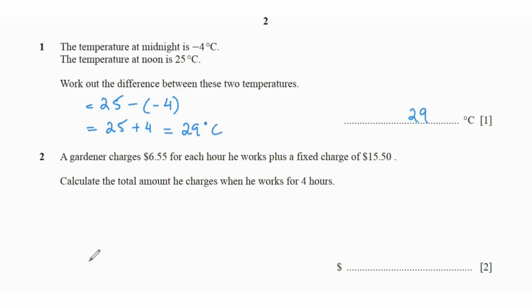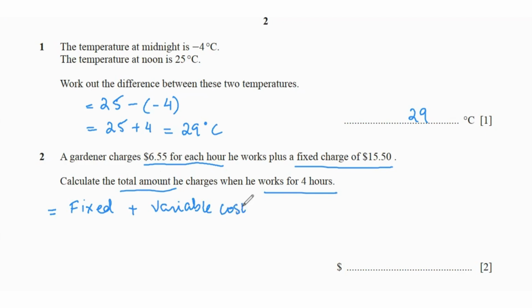That's your answer. Question 2 says a gardener charges $6.55 for each hour he works plus a fixed charge of $15.50. Calculate the total amount he charges when he works for 4 hours. So the equation for this is going to be fixed plus the variable cost times the time.